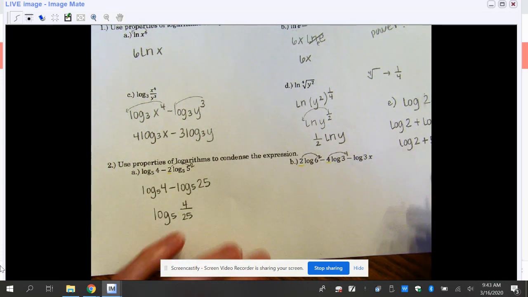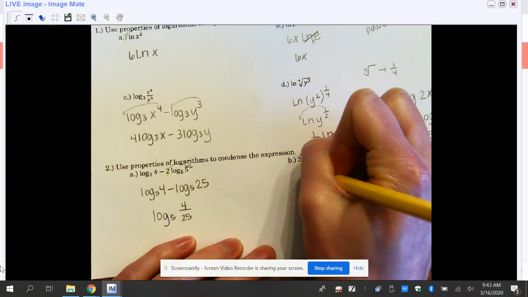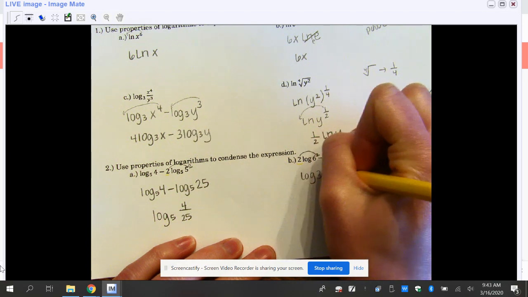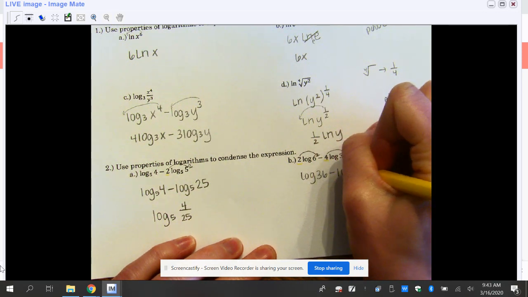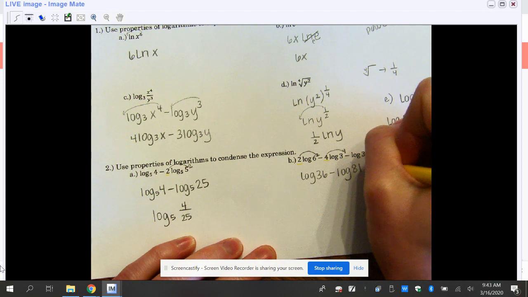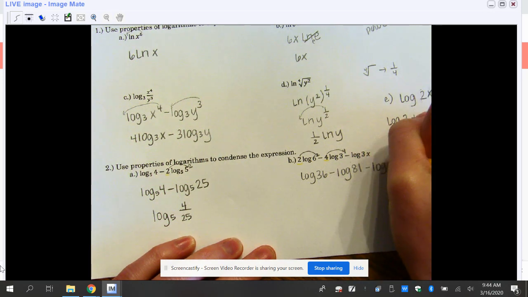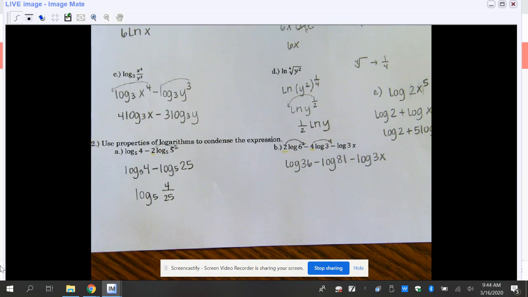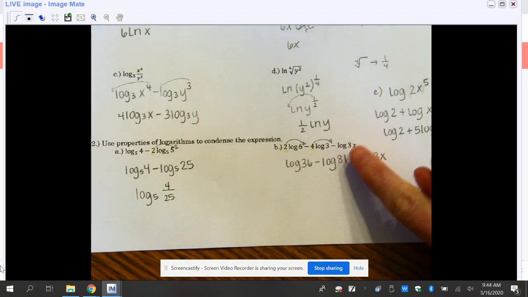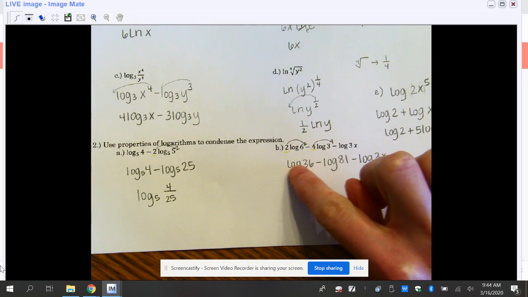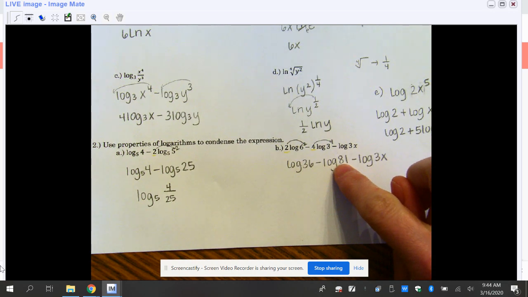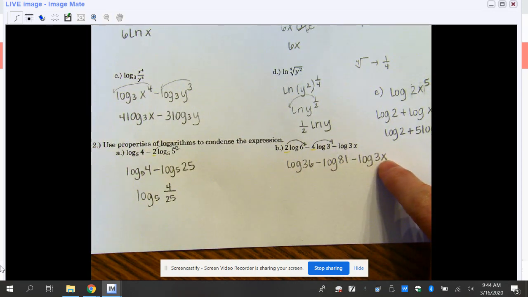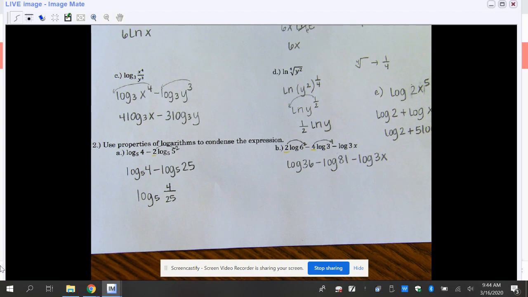So this is going to become the log of 36 minus the log, and 3 to the 4th is 81, minus the log of 3x. Okay, so this is all going to be division. So this divided by this, and then whatever that is divided by this. There's going to be a lot of fractions involved here since we're dividing several times.